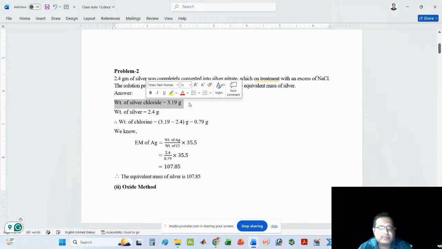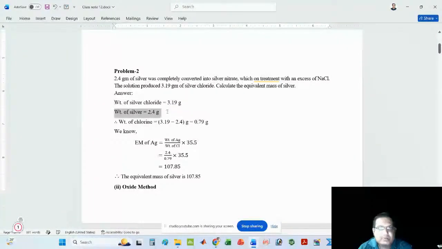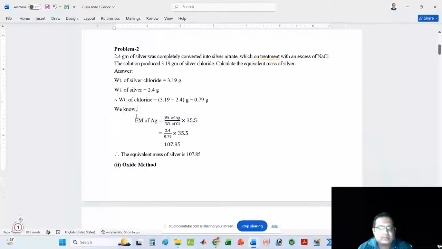Weight of silver is equal to 2.4 gram. Therefore, weight of chlorine is equal to 3.19 minus 2.4, which is 0.79. Since we need the weight of chlorine, I have calculated the weight of chlorine here. Now write the formula first.